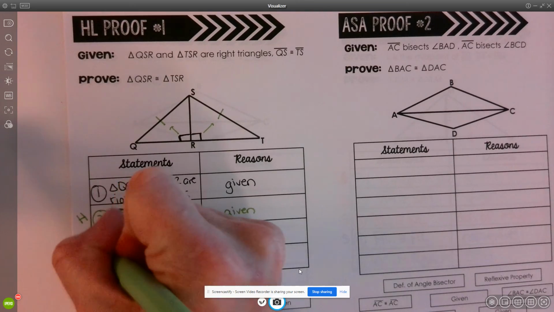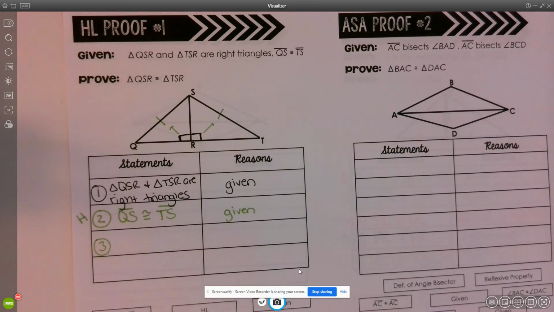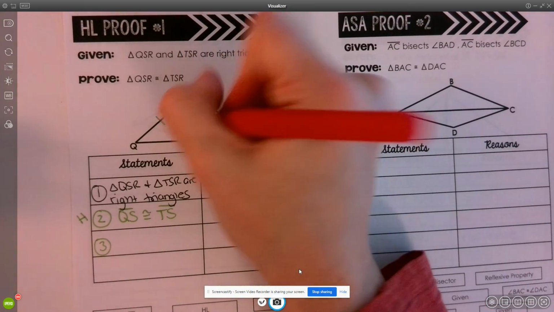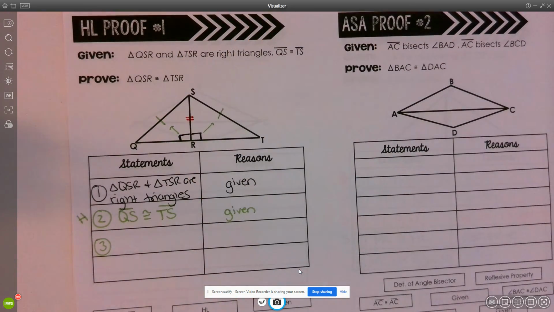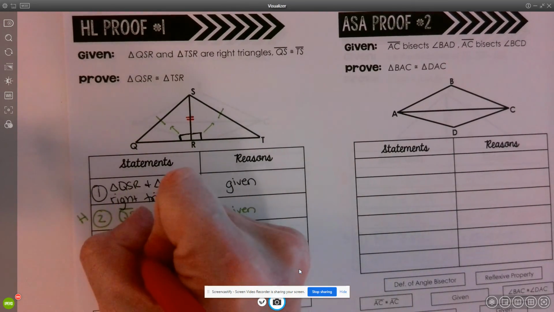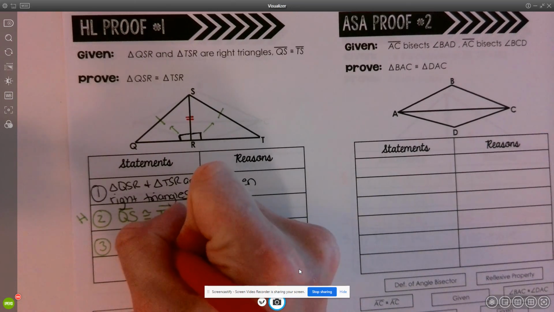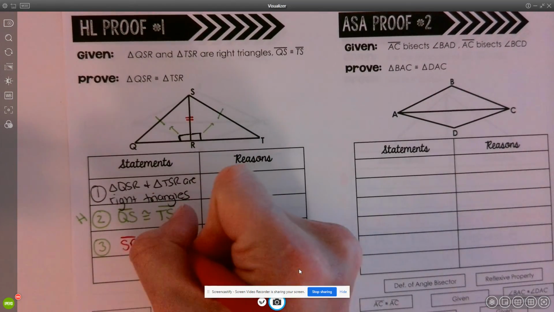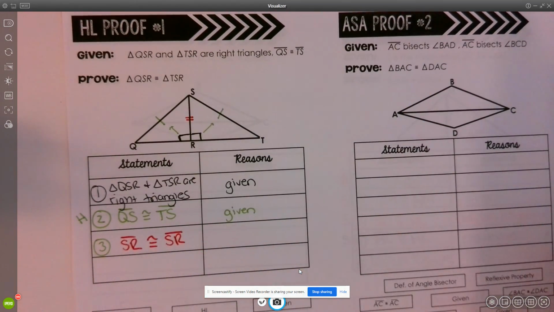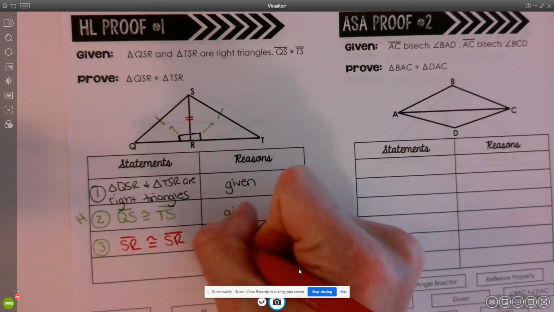So when I look at my picture, I notice that these two triangles share a side. They share line segment SR. Well, if they share that side, it has to be congruent to itself. Line segment SR is congruent to line segment SR. That's the reflexive property.